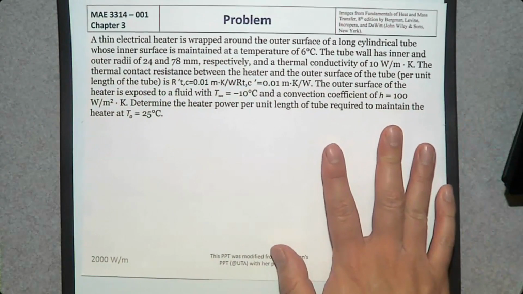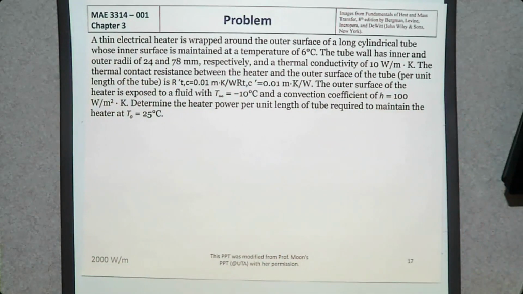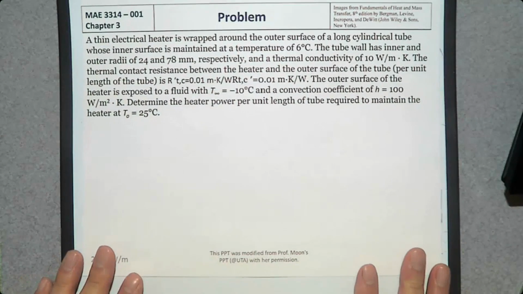So that's everything about thermal resistor network in cylindrical coordinate system, and we have a new problem that we are going to solve together. Just this one. After this, thermal resistor network is going to be over, and we are going to move to steady state heat conduction with heat generation.